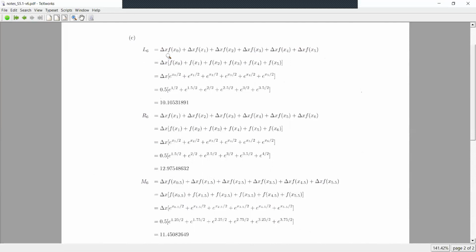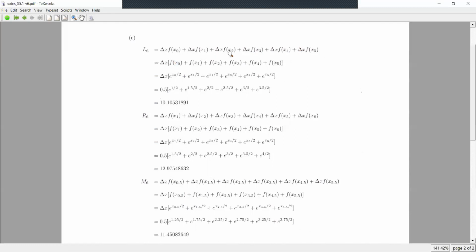So base times the function value at x0, which is the height of the rectangle. The second rectangle is on the second subinterval, whose left endpoint is x1. So the height of the second rectangle is the function value at x1. Base times height gives the area, and so on.